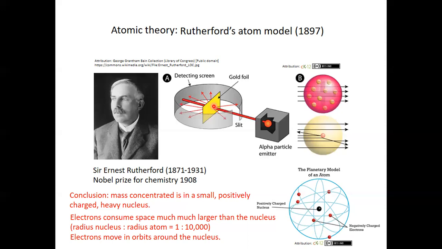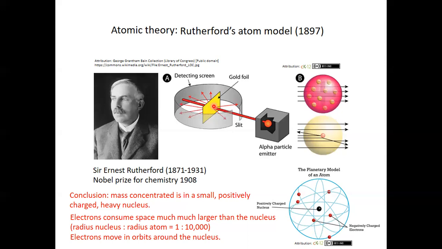It would be like shooting a bullet at a plum pudding, where the mass is homogeneously distributed, and just because the mass of the bullet would be so much more concentrated, the bullet actually should just go straight through that plum pudding.